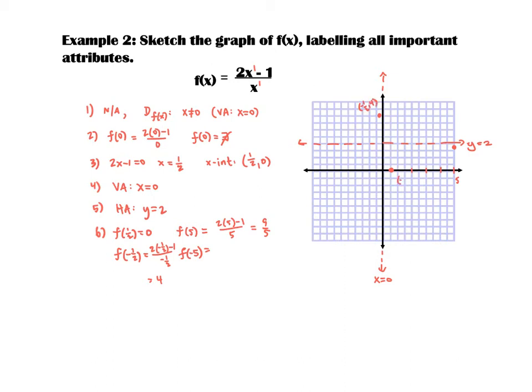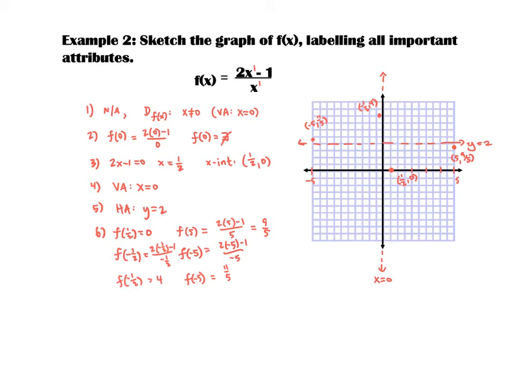Again, let's note this: this is (1/2, 0), and this point here is (5, 9/5). Let's look at f of -5. That'll be 2 times -5 minus 1 over -5, which is a positive 11/5, just over 2. So here at -5 would be this value, (-5, 11/5).